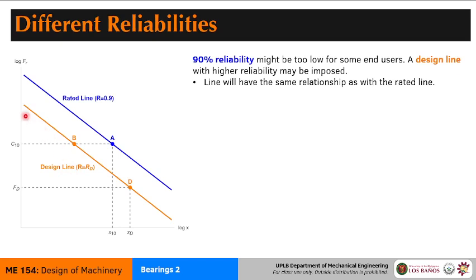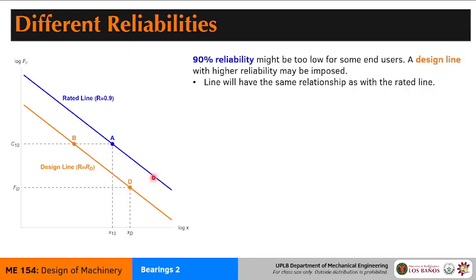As you can see, our graph here is log life, dimensionless life x, and the y-axis is logarithmic radial force. When you go higher in reliability, you actually lower the load life line, so you have lesser forces that it can tolerate.